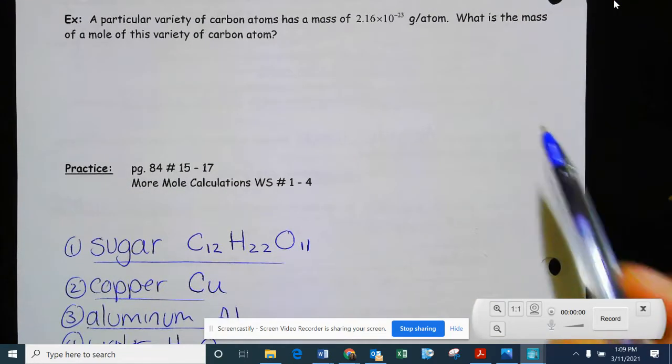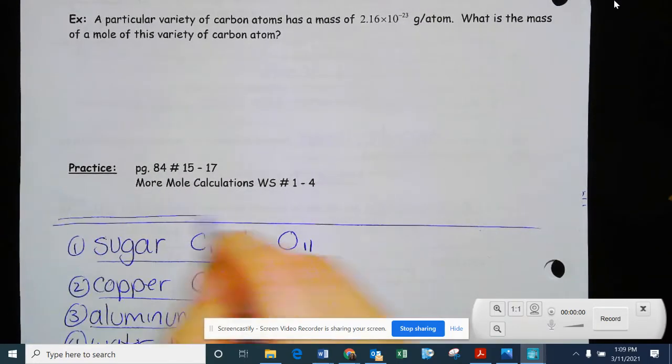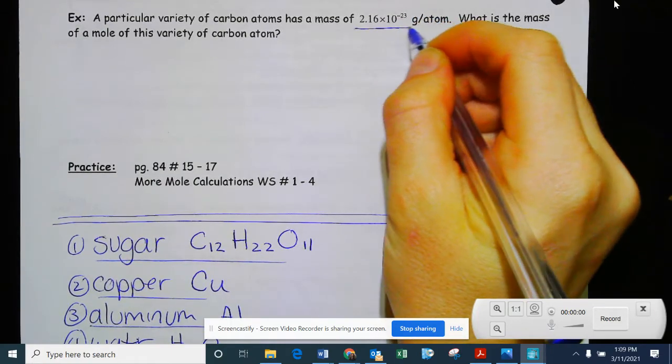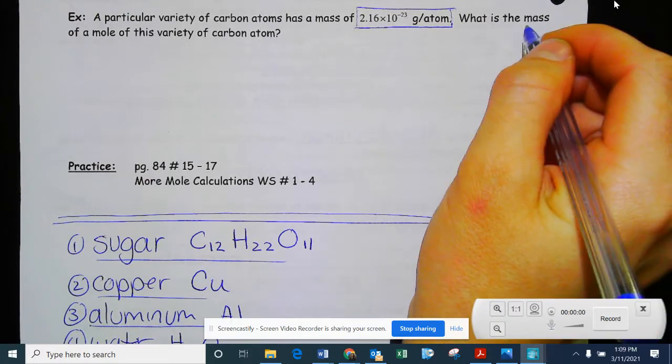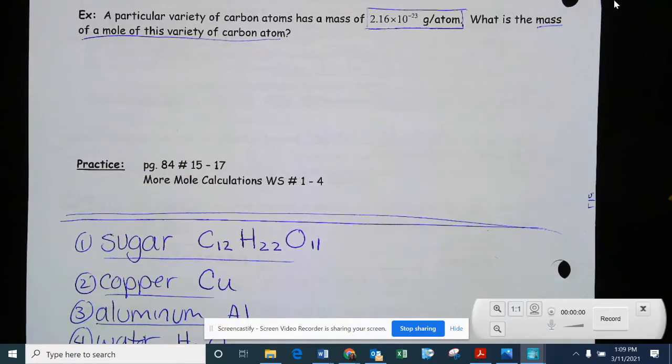Okay, next question. I've got the molecular formulas from yesterday written down here. Ignore those. A particular variety of carbon atoms has a mass of 2.16 times 10 to the negative 23 grams per atom. Now what we're looking for is the mass of 1 mole of this variety of carbon atom. Do you remember how I said that sometimes carbon has different numbers of neutrons and can have different masses? This is a situation like that.